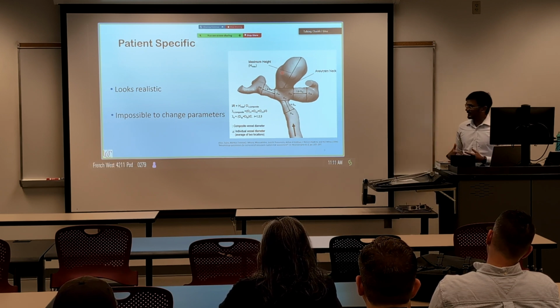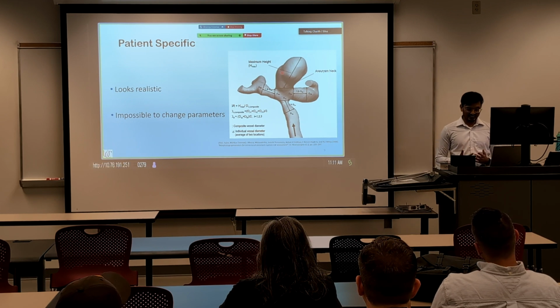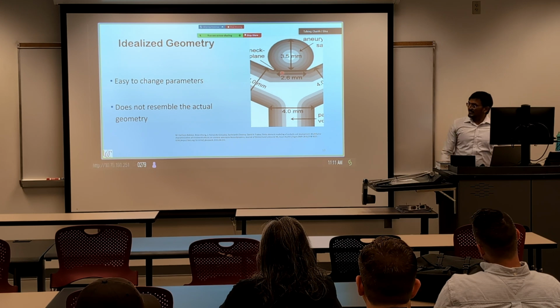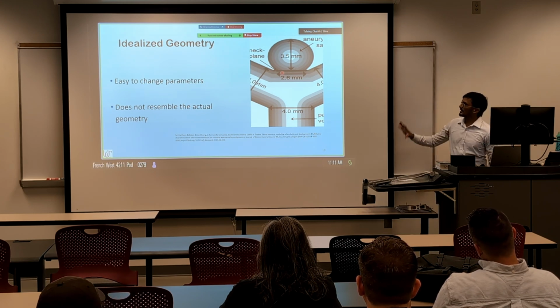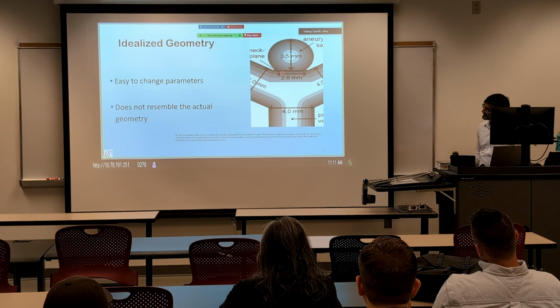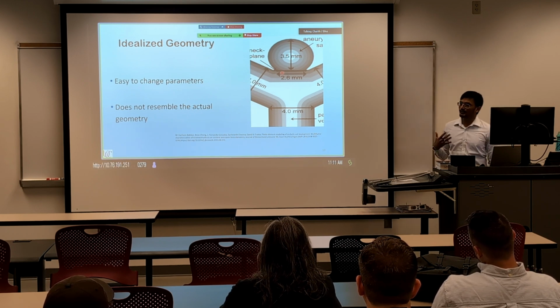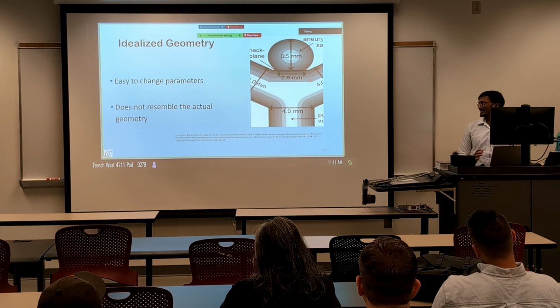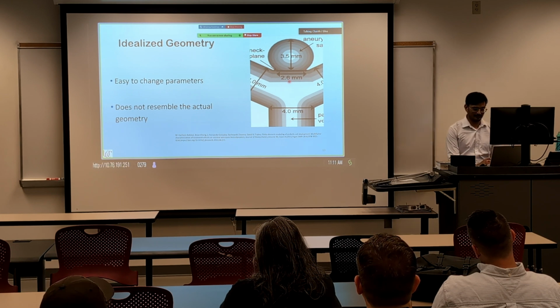So this problem leads us to an idealized geometry. So this is something we created. All the boundaries and everything are represented by functions. So that gives us more flexibility. For example, this is a picture that I have extracted from a real paper.